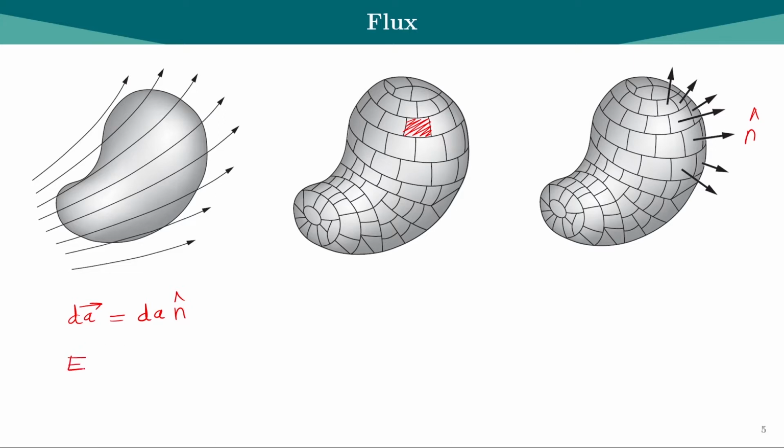If E_i is the electric field vector at the location of patch number i, the scalar product E_i dot dA_i is a number. We call this number the flux through that bit of surface.